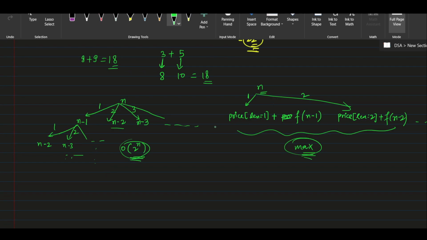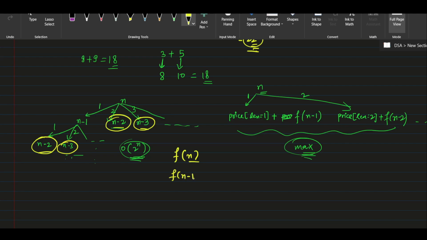If we make a tree of this, we can see that this is a problem of size n minus 2, and this is a problem of size n minus 2, this is a problem of n minus 3, and this is a problem of n minus 3. So problems are repeating. At the start we are solving f of n, then we will solve f of n minus 1, f of n minus 2, and so on.